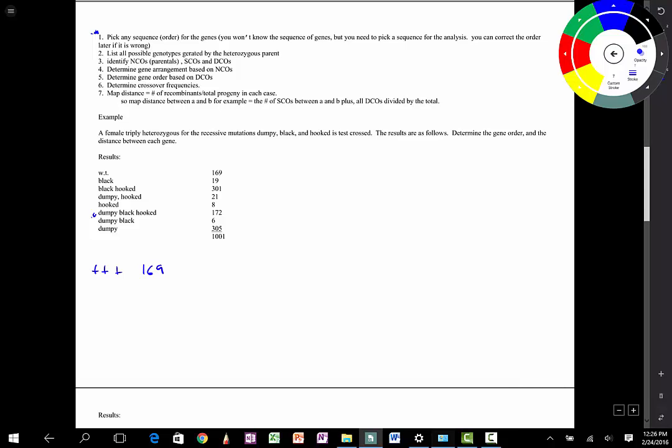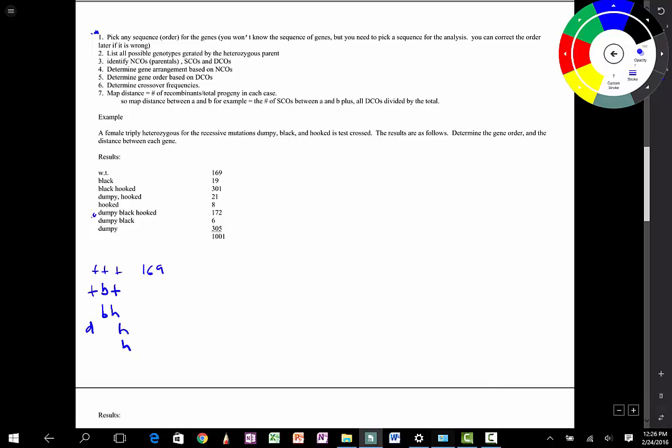And then we've got black, and this is saying that black's in the middle, even though we don't know black's in the middle. We just want to keep the order. So our order is dumpy, black, hooked. And then the next one is black and hooked. The next one is dumpy, which is over here, and hooked, which is over here.